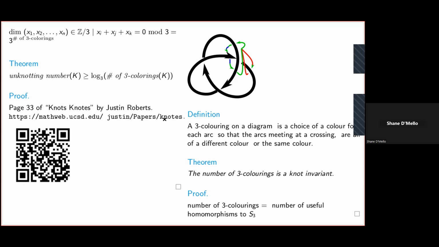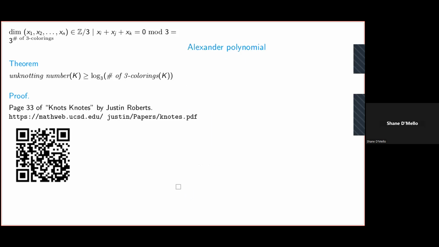By the way, this set of notes is quite a good set of notes on combinatorial knot theory, and it introduces and proves this theorem, and in fact it also does the 3-coloring from the perspective of the knot group, etc.